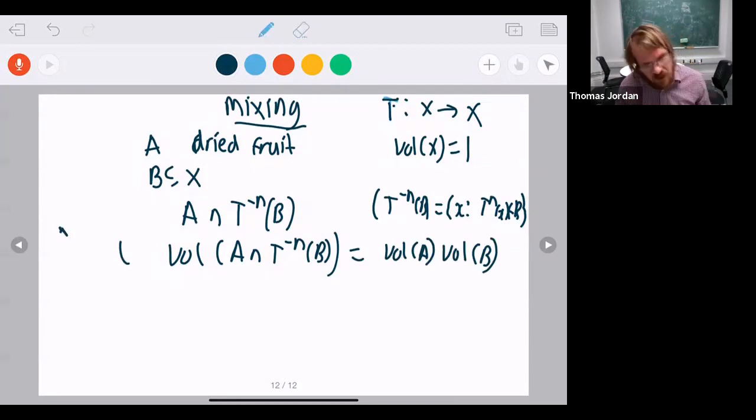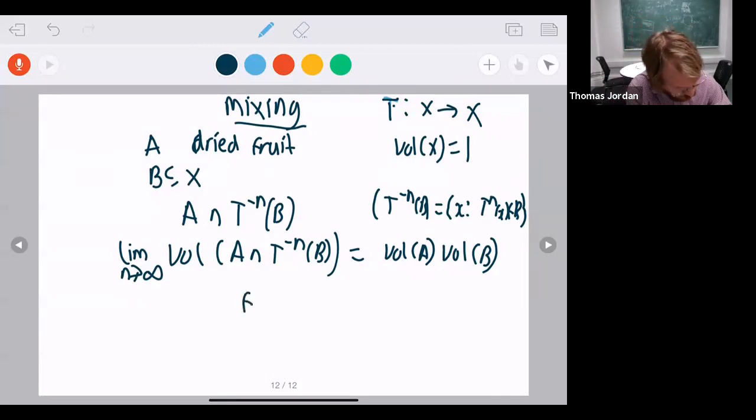But if we want this to happen in finite time, it's going to be a struggle. If we want any chance of it happening, we want it to happen as a limit. So essentially, to get mixing, we'd want, as n tends to infinity, the volume of A intersected with T to the minus n of B to be equal to the volume of A multiplied by the volume of B. And this is the concept of mixing.